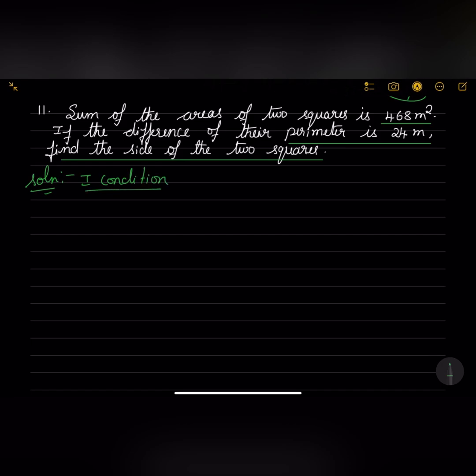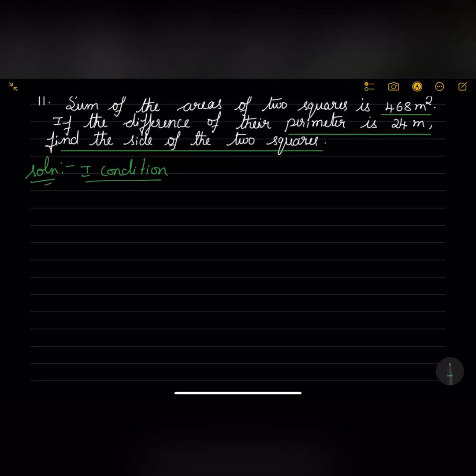The sum of the areas of two squares is 468 meters square. Okay. So let us take the side of the first square to be equal to x meters. And then the perimeter of the first square will become how much? Therefore, the perimeter of the first square will be equal to 4x meters, right?